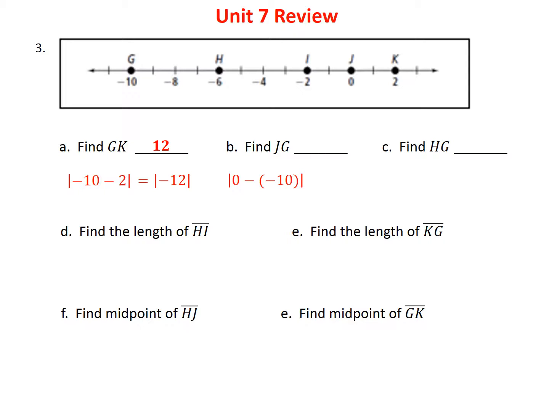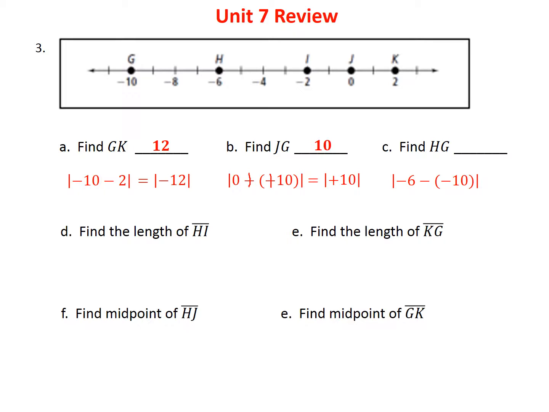So I can always take any subtraction problem and change it into an addition problem, but I have to add the opposite of the other, and the opposite of minus 10 is plus 10. And so what we end up with is positive 10. And so my answer here is 10. And again, you could count between G and J and find 10 units.